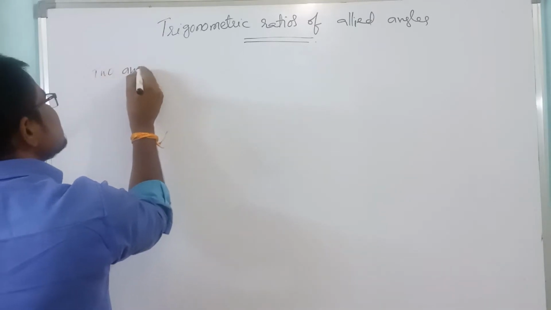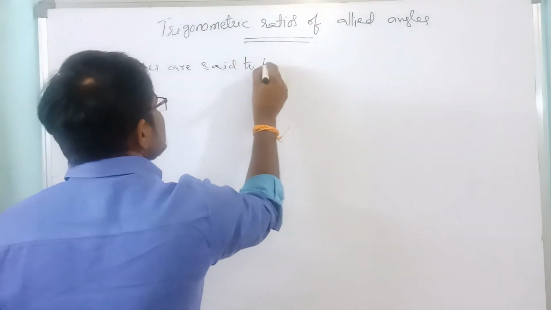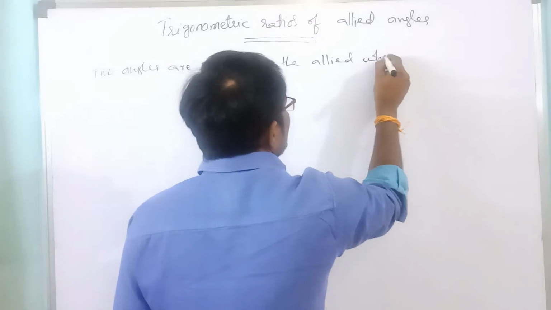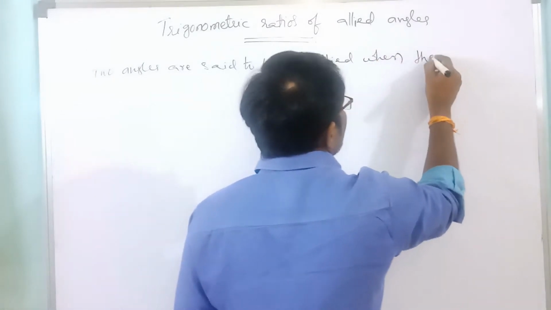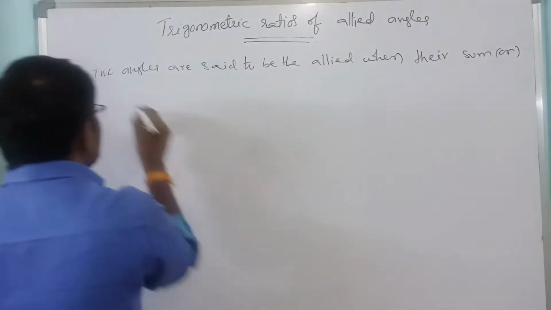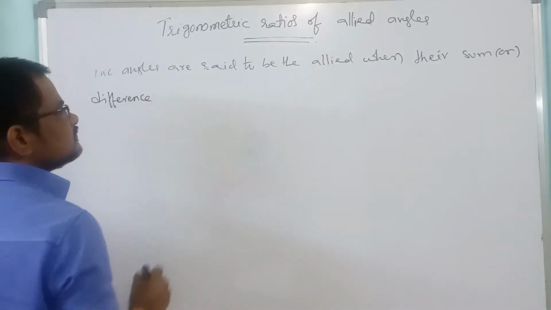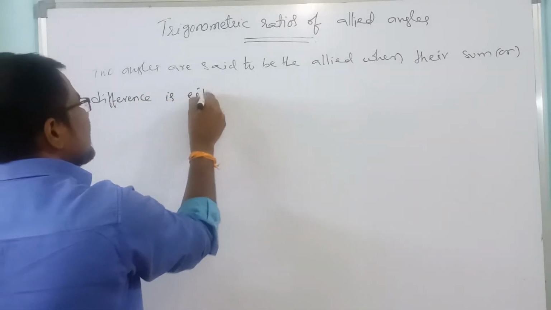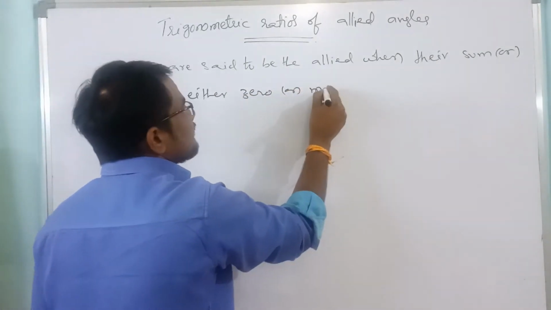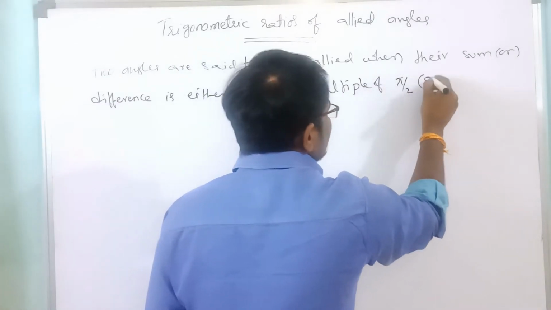Two angles are said to be allied when their sum or difference is either 0 or a multiple of pi by 2, nothing but 90.